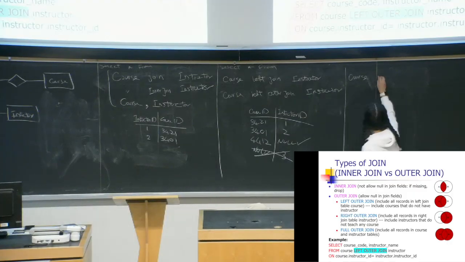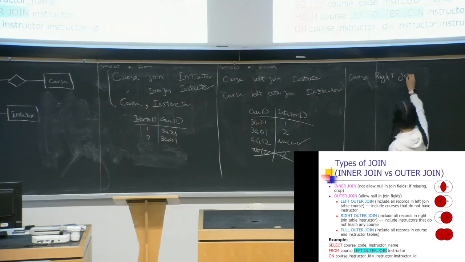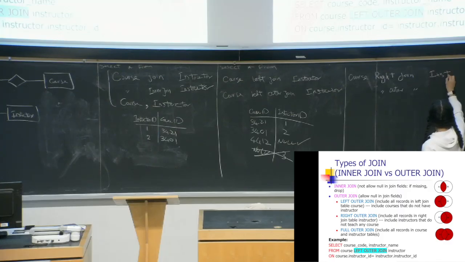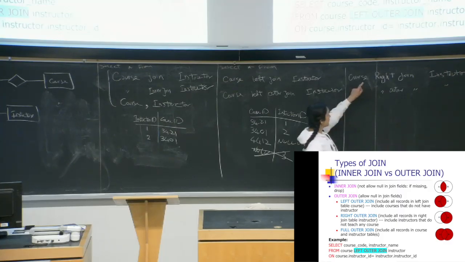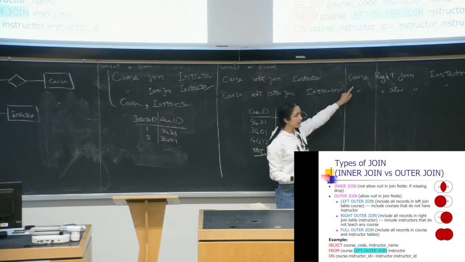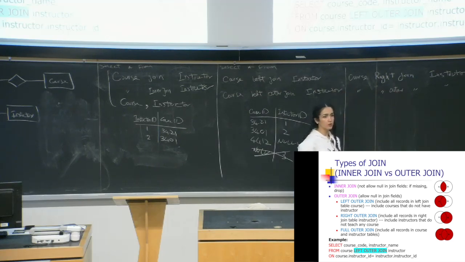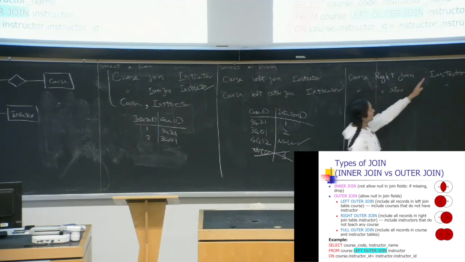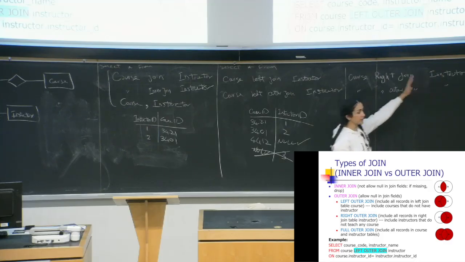So course right join or right outer join. Right outer join is the same. So it means everything from the instructor, even if there is no course person, right?